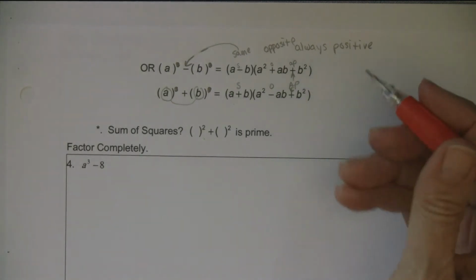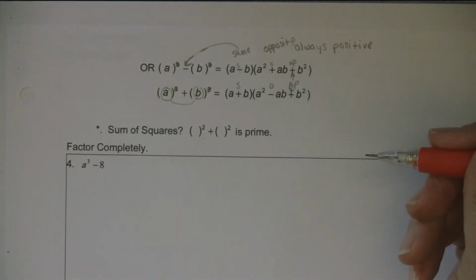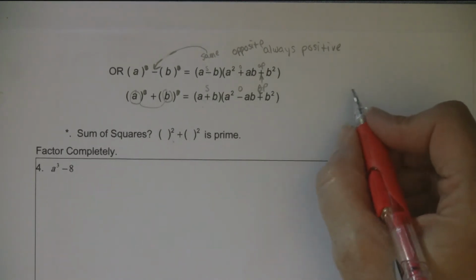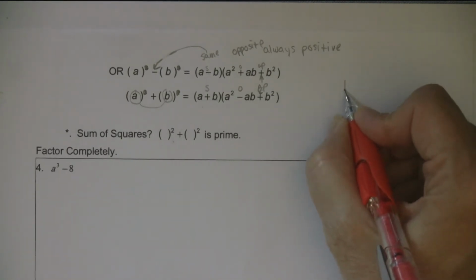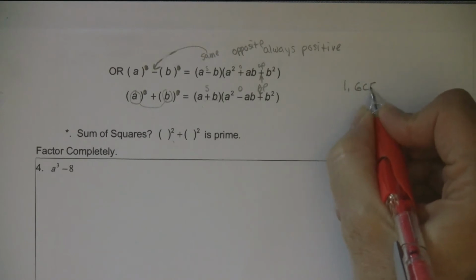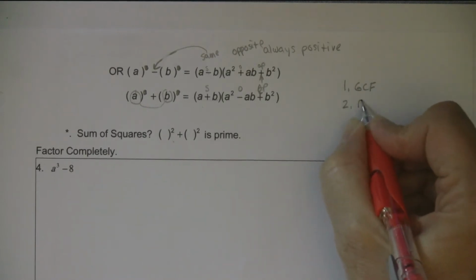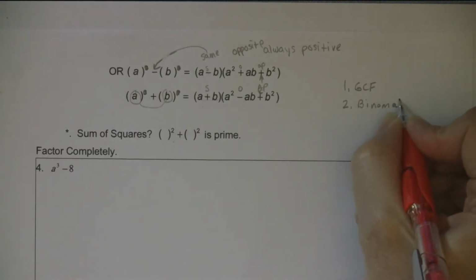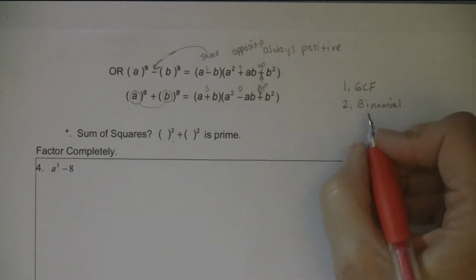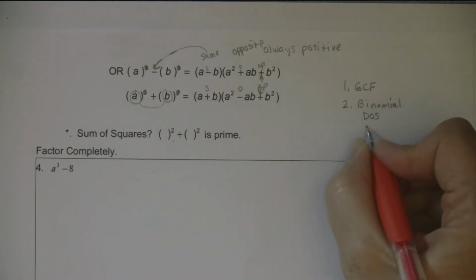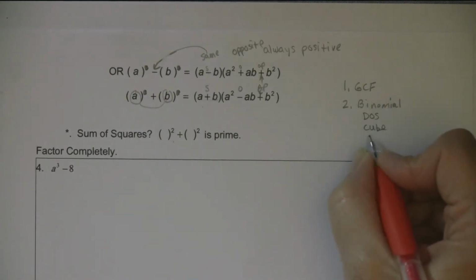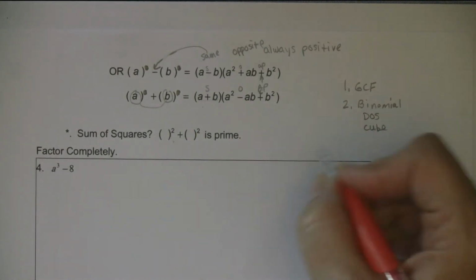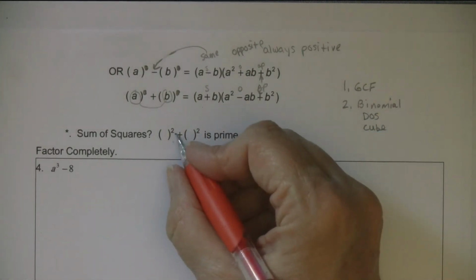And so this becomes our thought, breaking it down into just a quick nutshell when you have a binomial. Greatest common factor, and then if it's a binomial, because we worry about the size, binomial: difference of squares, a cube, and then to me, anything that's not this or this is prime, whether it's a sum of squares or not.